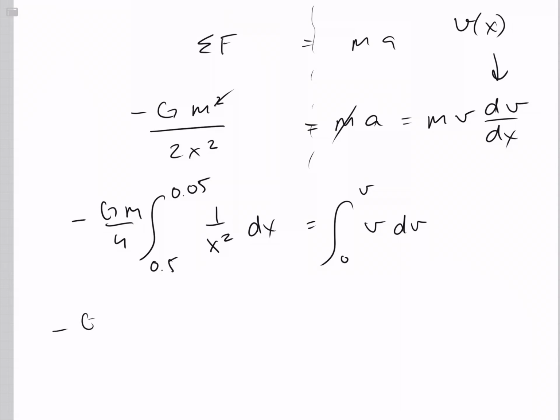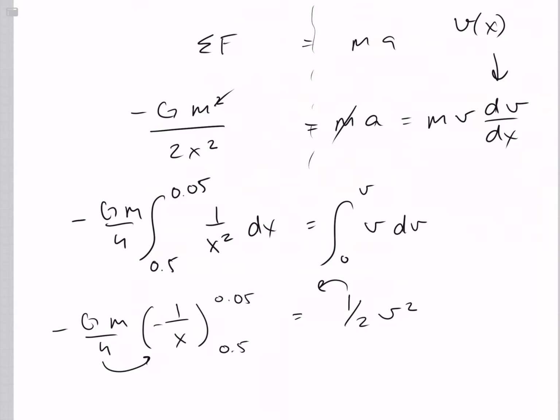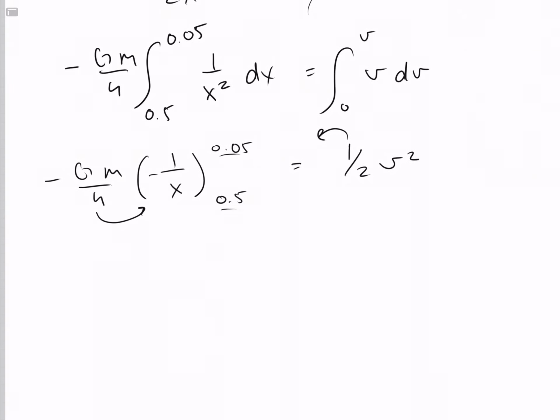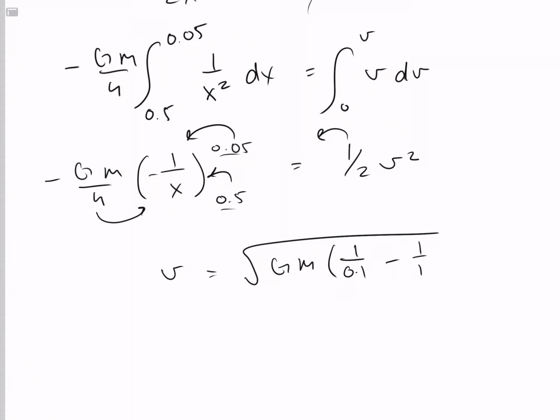So integrating this, we'll get negative Gm over 4 times negative 1 over x from 0.5 to 0.05, equals 1/2 v squared. If we move this to the other side and pass this to these individual parts, we can solve for v using the square root of Gm times, with these substituted in, 1 over 0.05 minus 1 over 0.5.